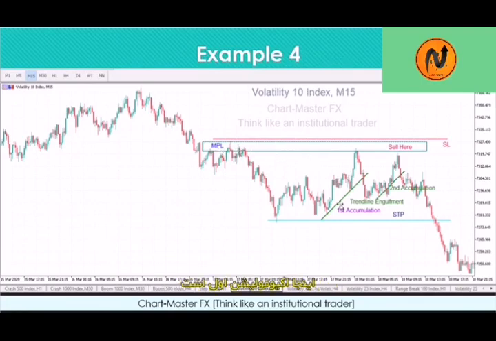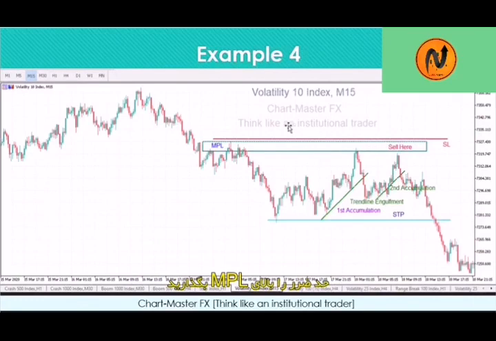So what happened, guys, is that we had a first accumulation here. Once we had our first accumulation, we can see that the price was able to engulf this trend line, and you can see that the price compressed coming up to the MPL. Then you can place your trade here.